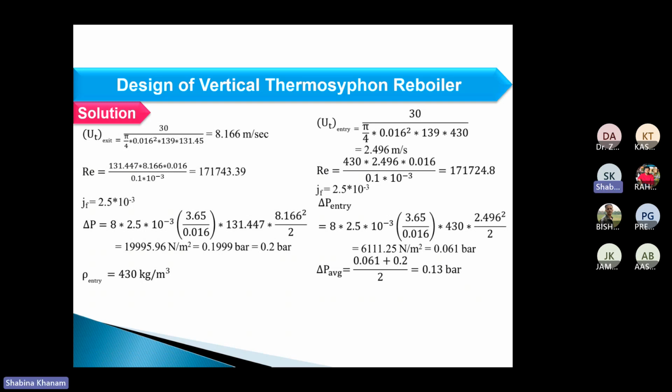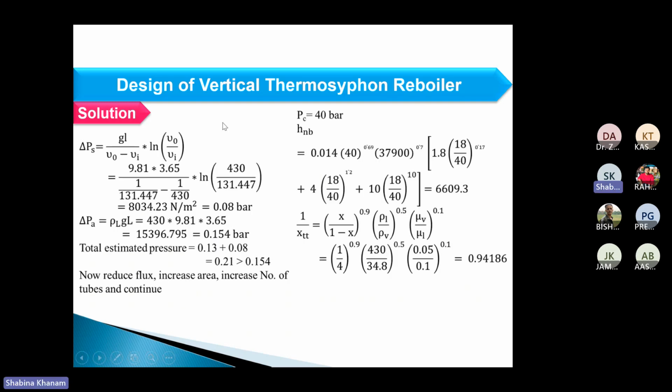Now once you do this, the second step is to find the pressure drop considering static head. Because the mixture, or we can say the fluid, will always be available in the tube, it will create static head as well.